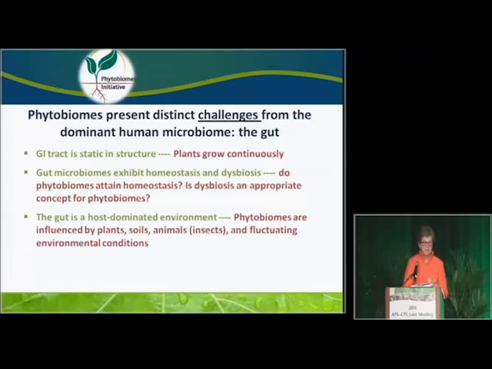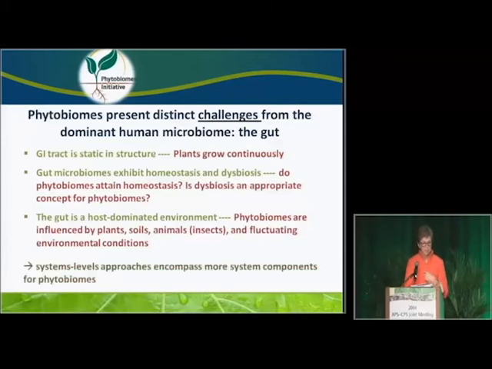We know that the gut is a host-dominated environment, but the phytobiomes are influenced by other plants, by soils, by animals, insects, or fluctuating environmental conditions. So our level of complexity is much greater than in the human.